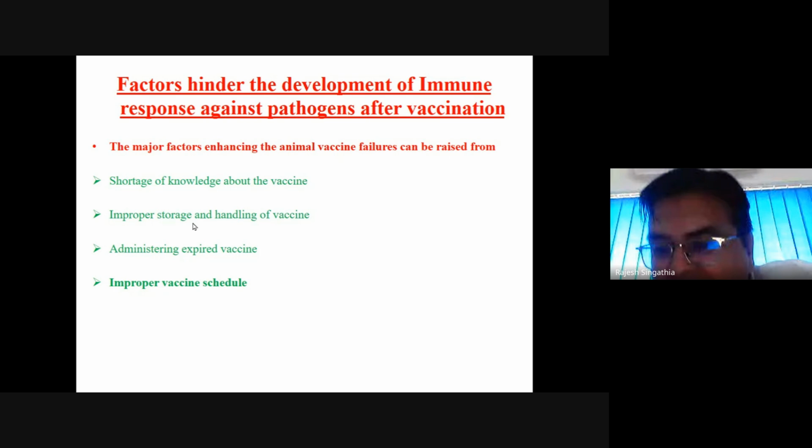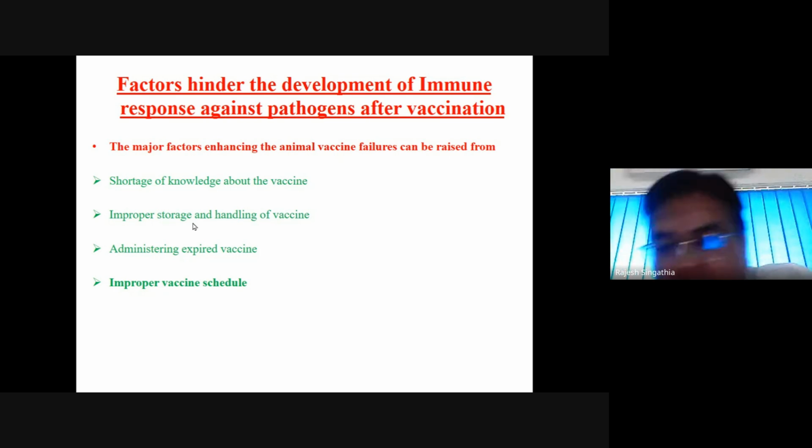If there is pre-existing immunity, such as passive immunity, then there is a chance of vaccine failure. Food and feed status is also an important criterion for vaccination. If the animal is receiving corticosteroid or other immunosuppressive therapy, then there is a chance of failure.